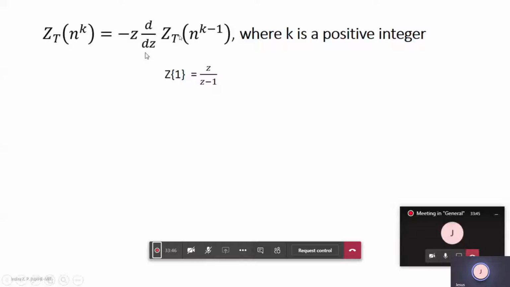So let us make use of this result for finding the transform of n. So how do I find the transform of n? It is minus z into derivative of z transform of n power 0.